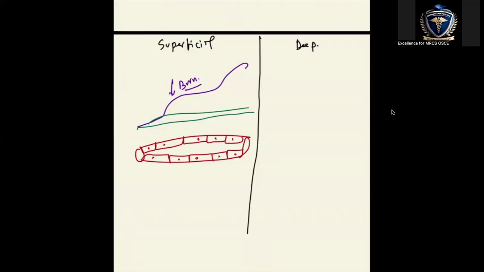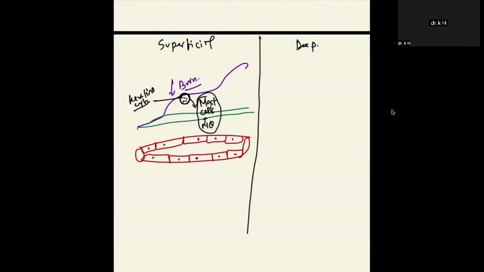keratinocytes. What is the name of the cells? Keratinocytes. So that will damage the keratinocytes. When keratinocytes are damaged, it will recruit mast cells and macrophages. So at the superficial burn, the keratinocyte is damaged and it will increase recruitment of the mast cells and macrophages.